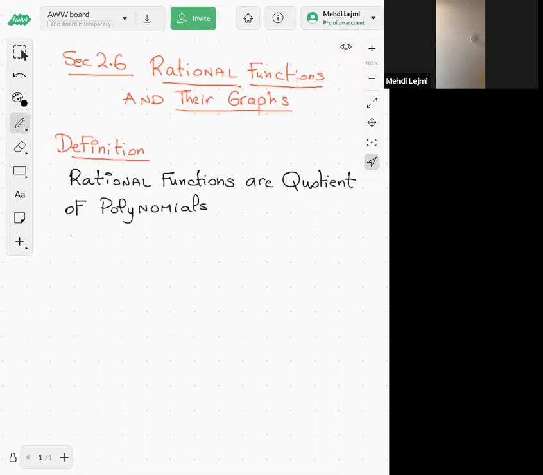Okay, so what do I mean by quotient of polynomials? Your function f is actually of the form p of x over q of x, where p of x and q of x are polynomials.